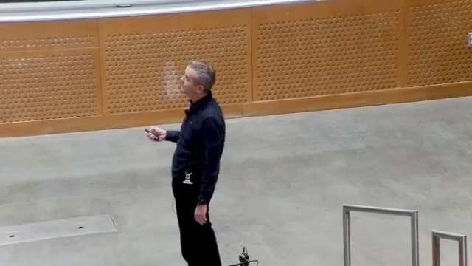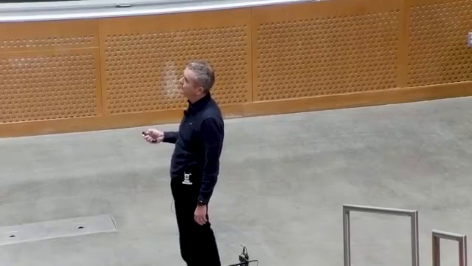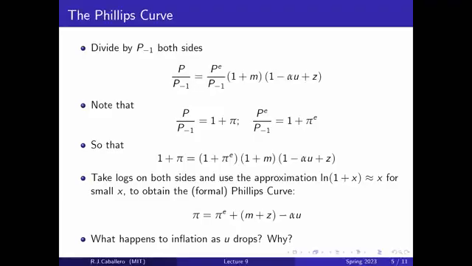All that I've done is I took logs of this, so I get log of 1 plus pi equal to log of 1 plus pi e plus log of 1 plus m plus log of 1 minus alpha u plus alpha z. If pi, pi e, m, alpha u plus z are not very large numbers, which we won't assume, then this is approximately right, so I can rewrite that expression as that. Approximately, I should have put an approximately.